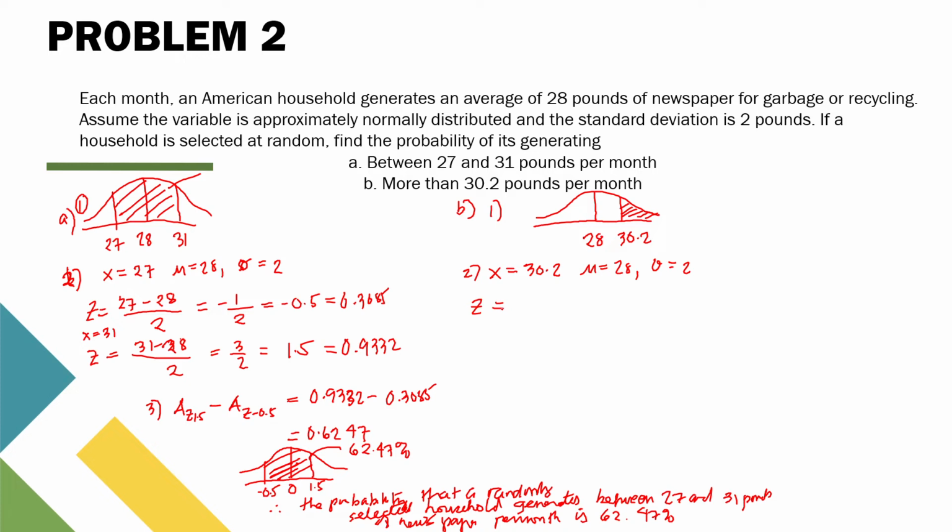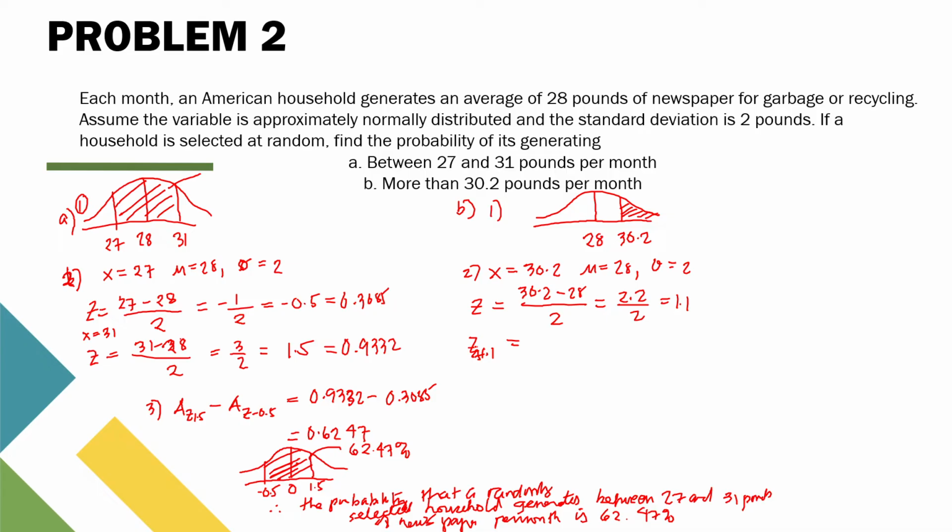So z is equal to 30.2 minus 28 over 2. So that is equal to 2.2 over 2, that is equal to 1.1. So we need to find the area for z 1.1.